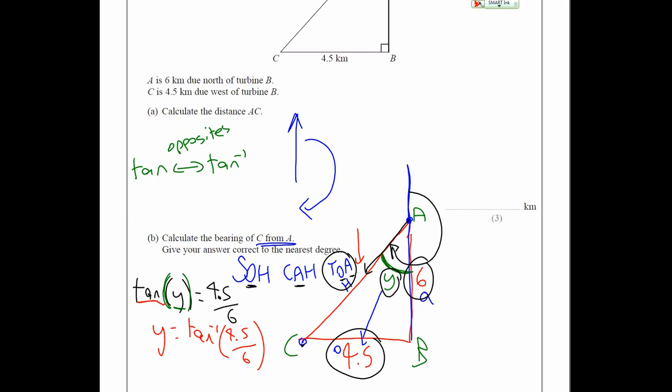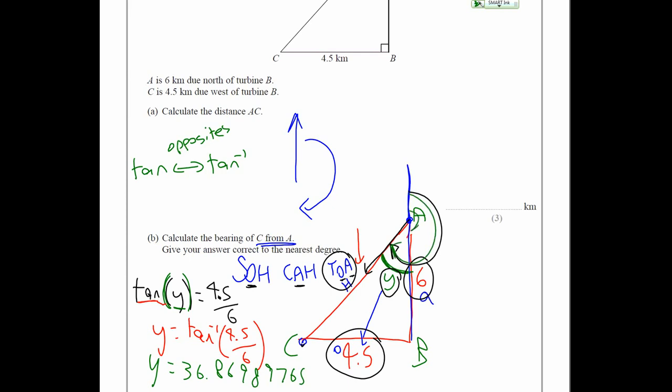Tan to minus 1 of the fraction 4.5 over 6, and you're going to get, in degrees, Y equals 36.86989765. Remember, that's not the question finished because we want the whole bearing.